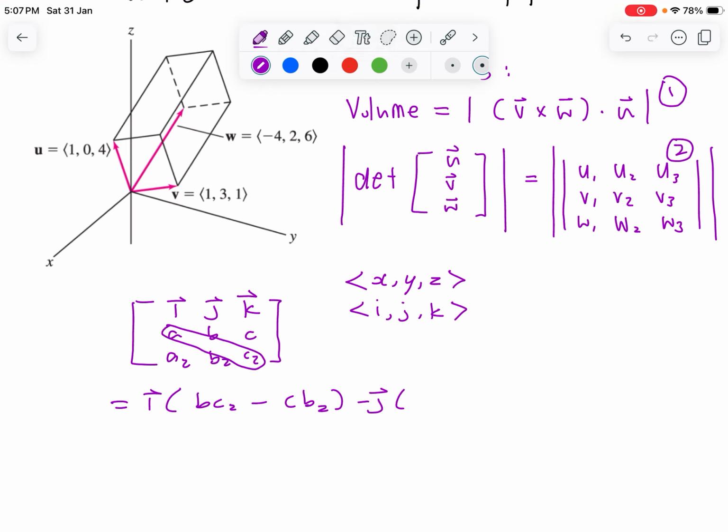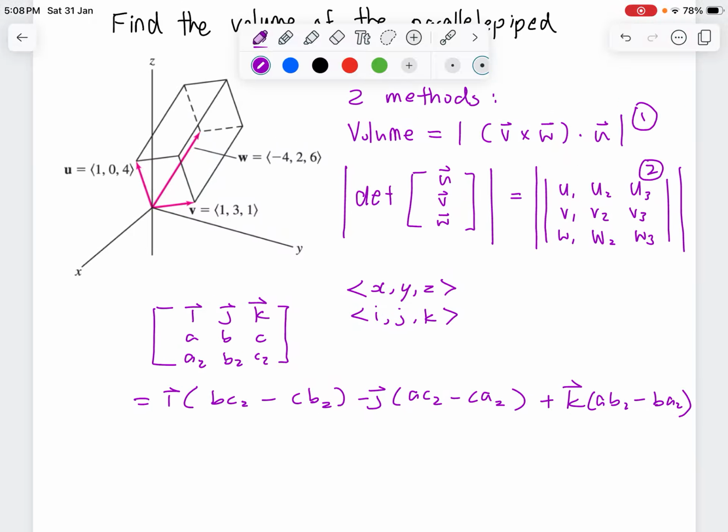So a and c2 multiplied together and c and a2. So a times c2 minus c times a2, and then plus finally k, which is these four. So we have a times b2 minus b times a2. And I know this is really confusing, but once we actually do the example, it'll be much simpler.